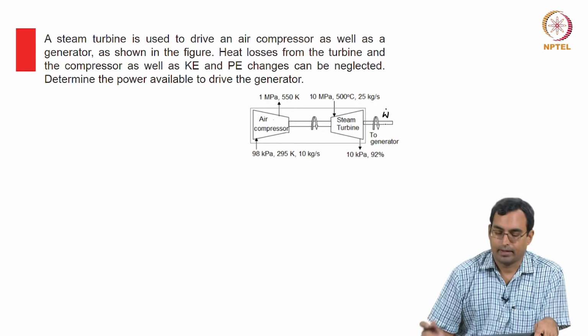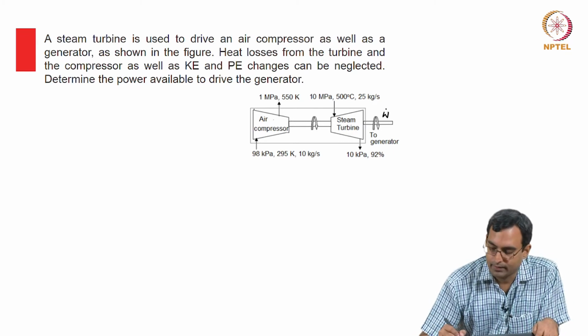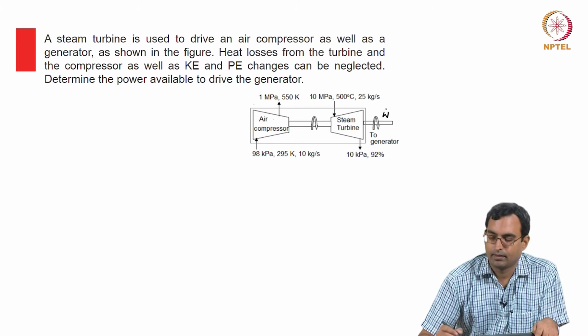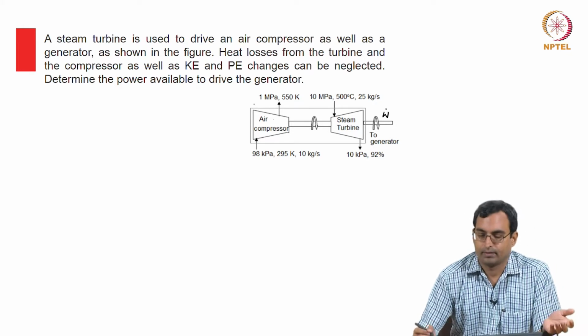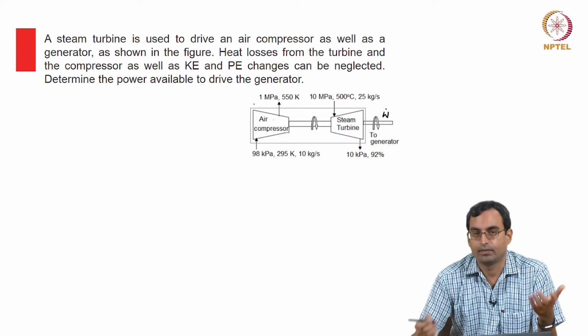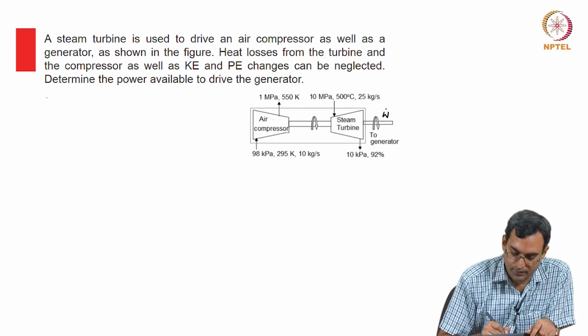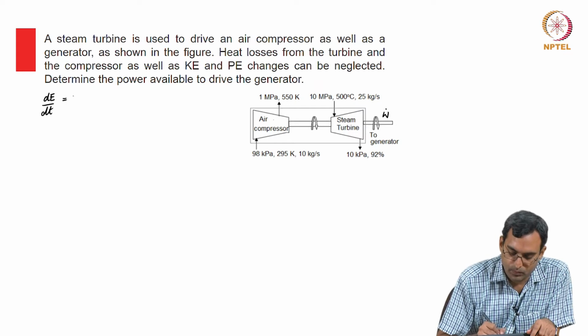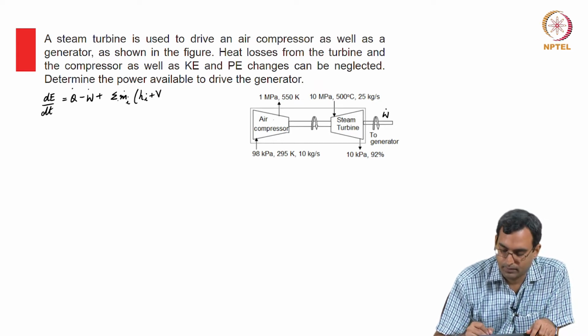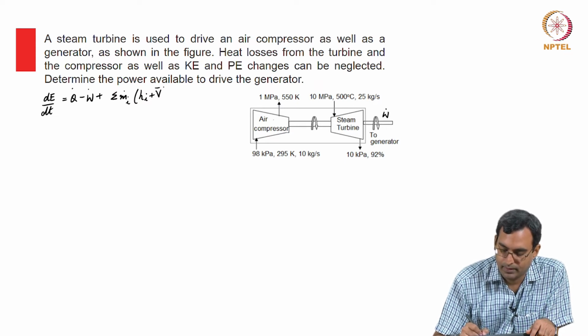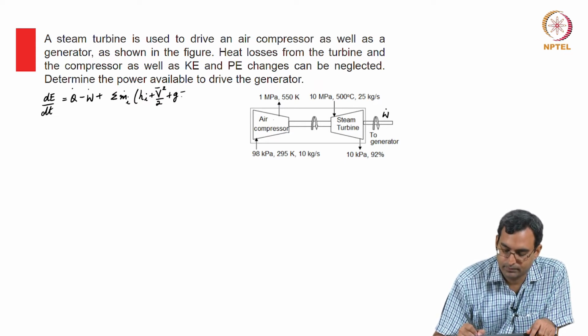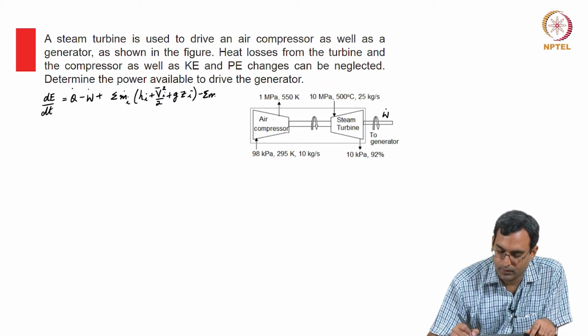So, again we can write the first law. We can take this air compressor and steam turbine both together as a control volume, or we can take them individually as a control volume. It does not matter, we can take either of them. So, the dE by dt for the control volume is heat transferred minus work done, plus whatever is coming in into the enthalpy and kinetic energy and potential energy, minus whatever is going out into similar terms.